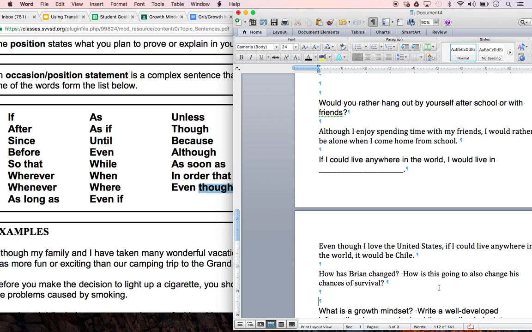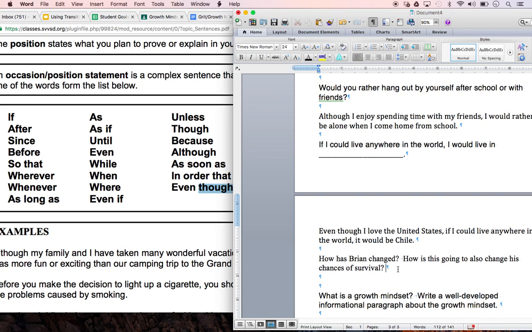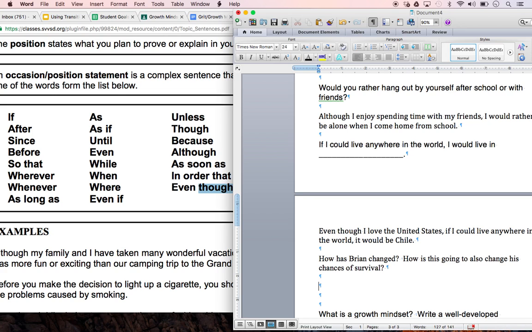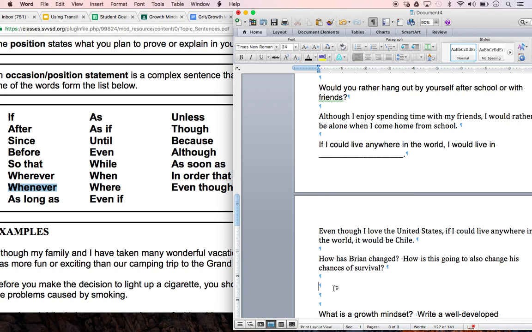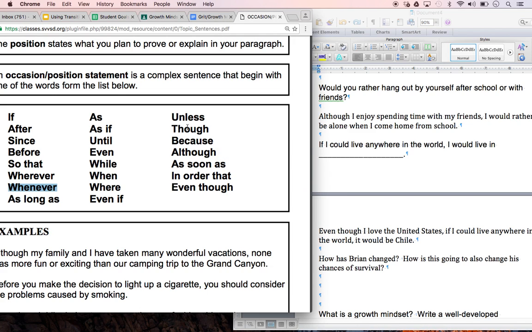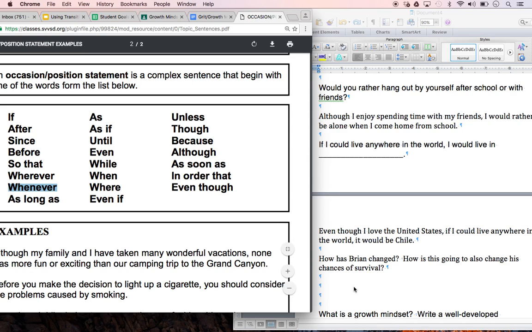Now, look at this one. How has Brian changed? How is this going to also change his chances of survival? All right. Well, I'm thinking this through right now. So like I said, I'm doing this on the spot. I'm going to go with, so we've talked about how he's changed.